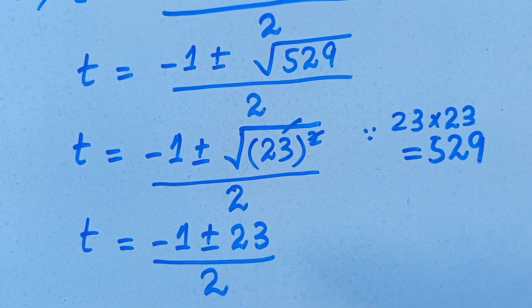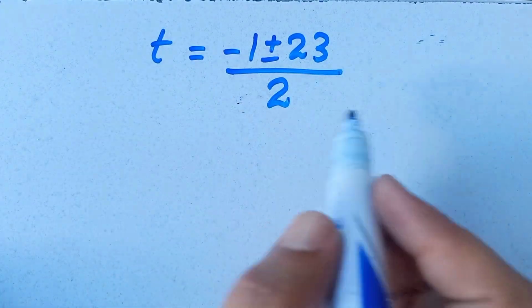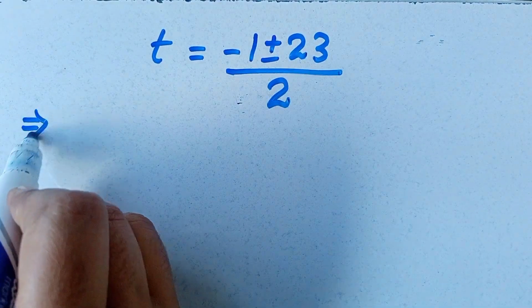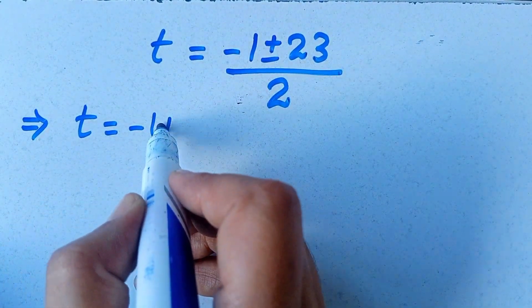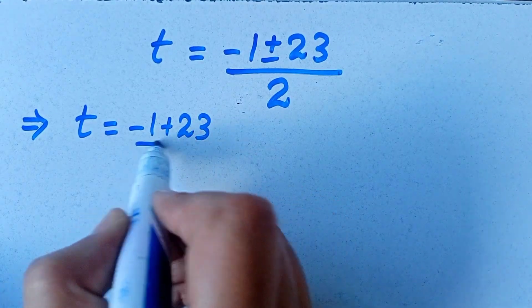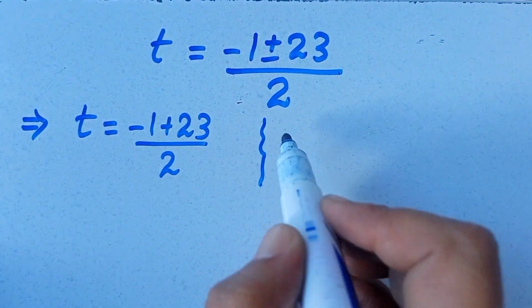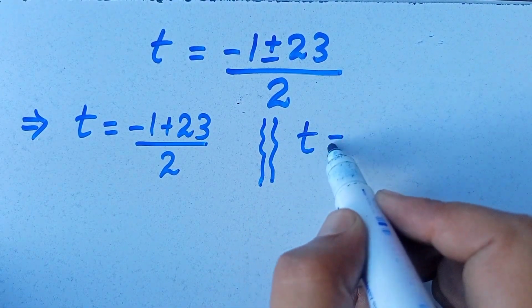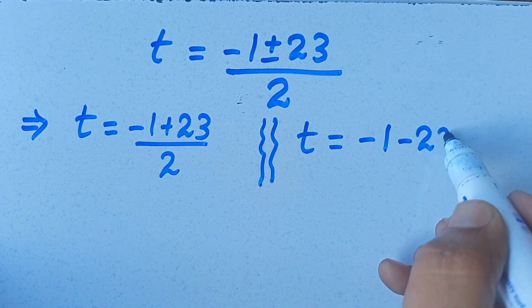Here we have two solutions for t: t equals negative 1 plus 23 upon 2, and t equals negative 1 minus 23 upon 2.